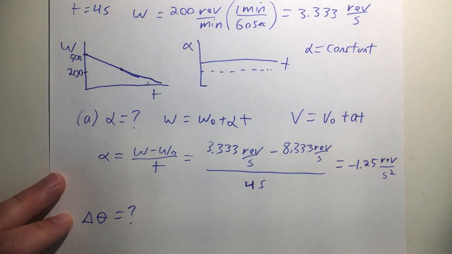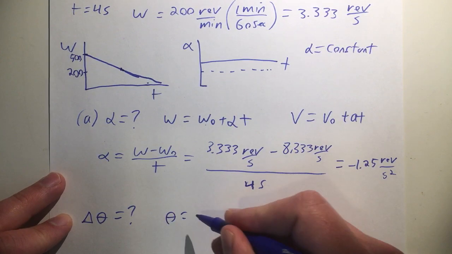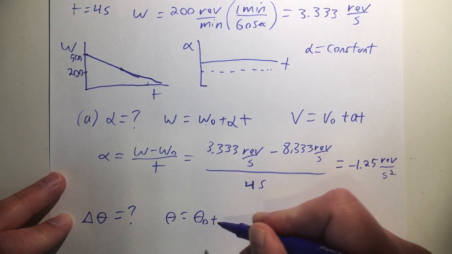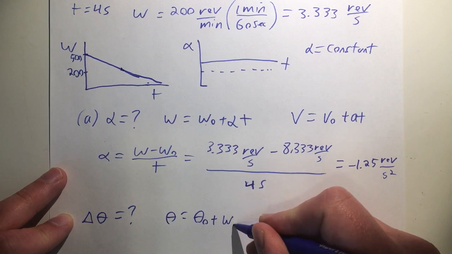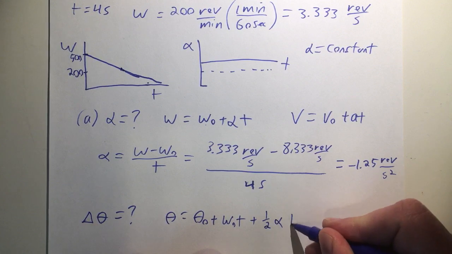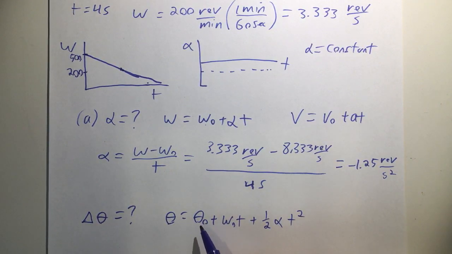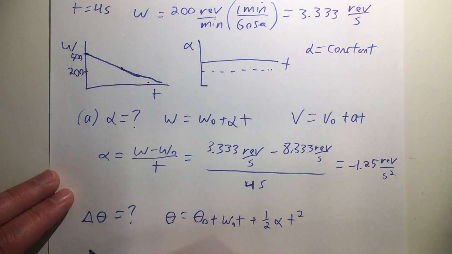Right? So one of the other constant acceleration equations is theta is equal to theta naught plus omega naught t plus 1/2 alpha t squared. Okay, and so this has theta and theta naught in it, right? So I can solve for that.